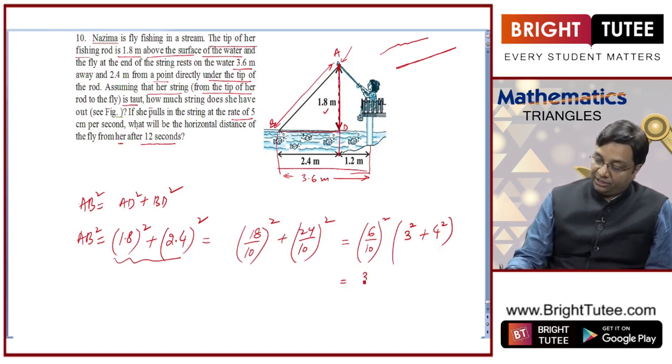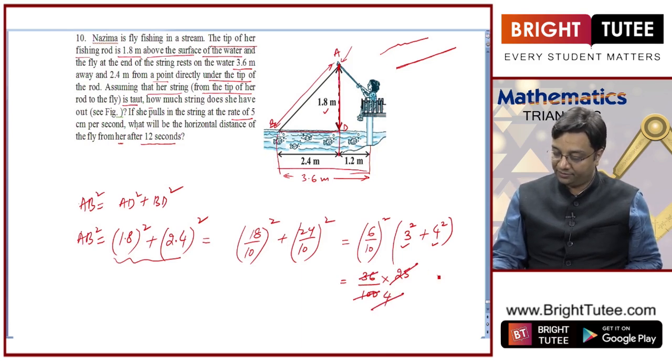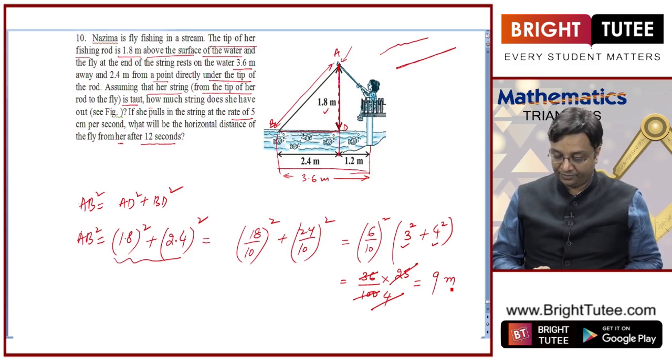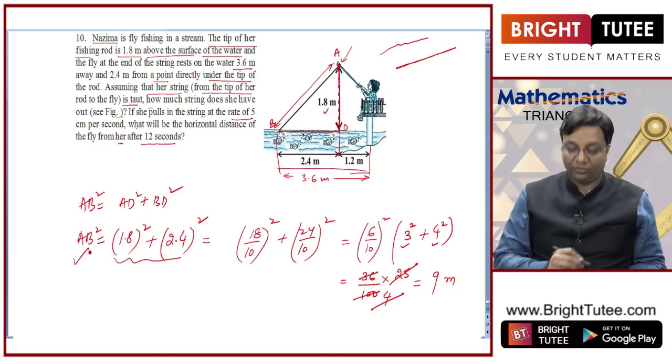okay. So if you know this, then it will be 36 by 100, and 3 square plus 4 square is nothing but 25, right? Then 4 9s are 36, so 9 meter is AB squared, right?